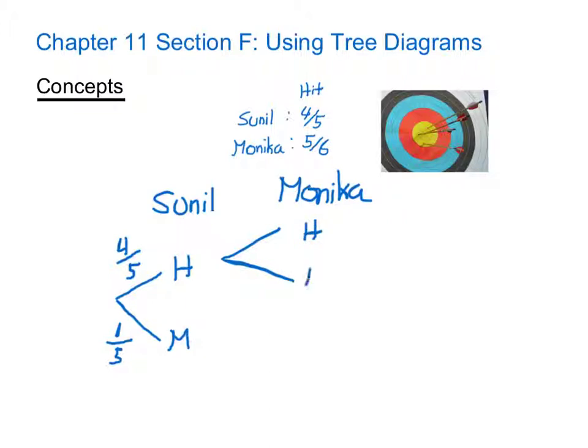And these events are independent. And again, we can put the appropriate probabilities here. Monica has a 5 out of 6 chance of hitting the target and a 1 out of 6 chance of missing. And we can repeat the same probabilities for the case where Sunil misses.